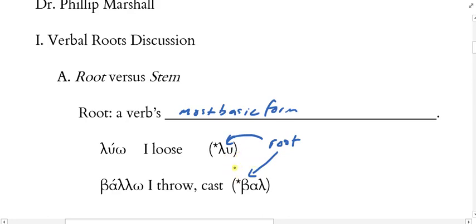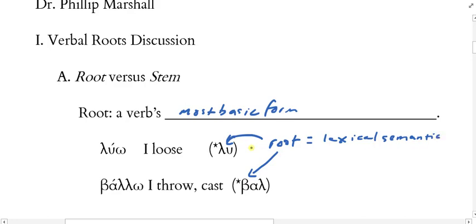This is the part that carries the lexical semantics. The root carries lexical semantics. What's lexical semantics? It's the meaning of that verb in terms of a concept.